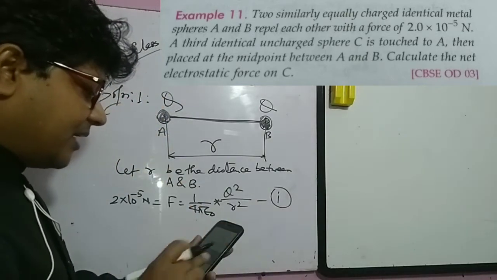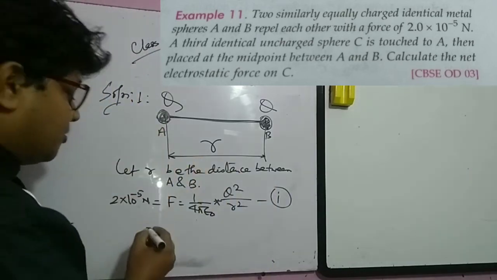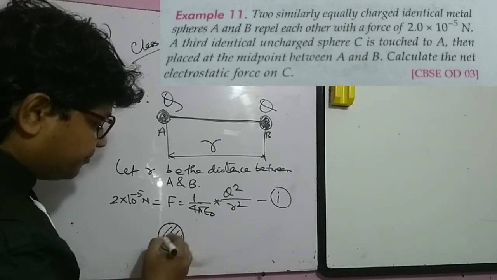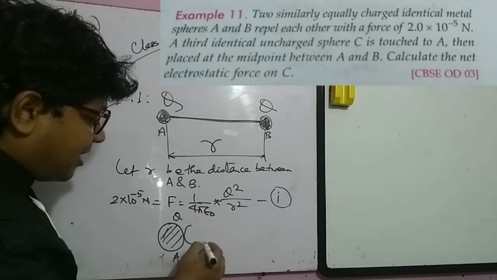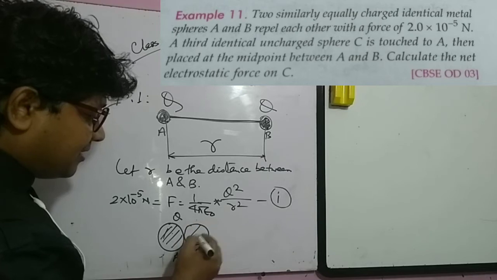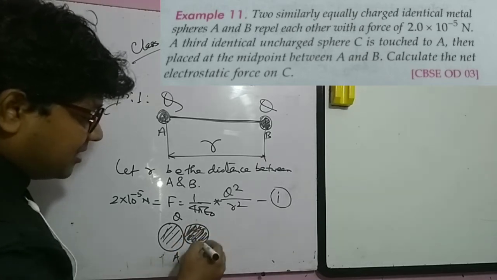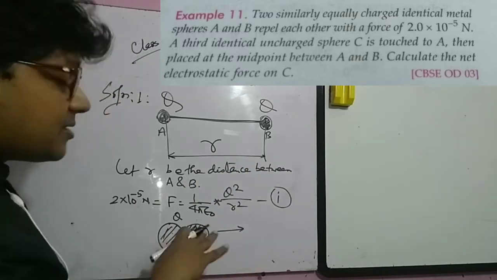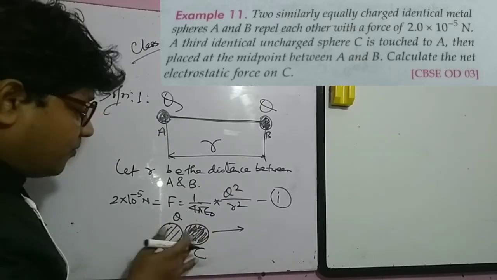Now a third identical uncharged sphere C is touched to A, right? So what is happening here: this is A and A has charge Q. Another uncharged sphere, this is C, does not have any charge. It is touched to the charged sphere.